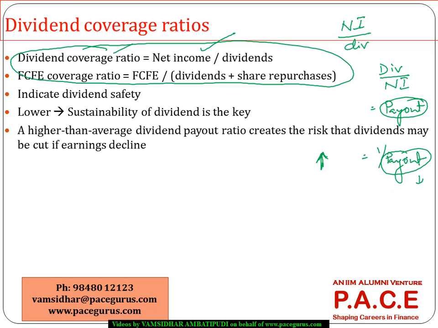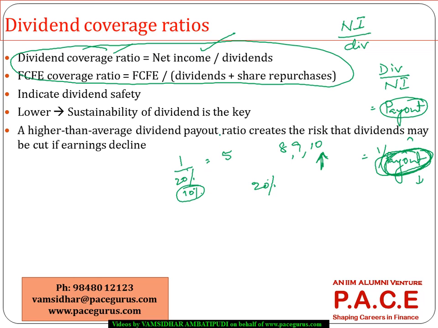But the biggest thing I have to understand is, if in a particular year the payout is high, the coverage will come down, no doubt about it. Let's say the dividend payout percentage is 20%, so the dividend coverage is 1 by 20%, which is 5. But let's say for the competitors the number is 8, 9, 10, something like that, meaning their payout ratios are not more than 10%.